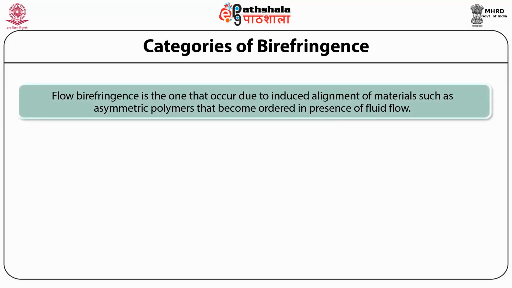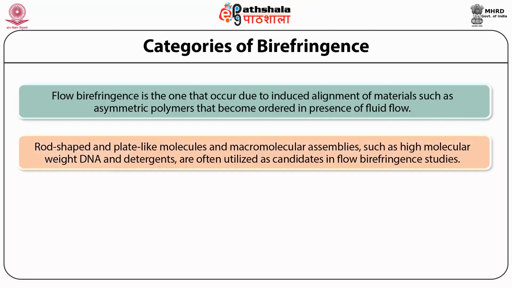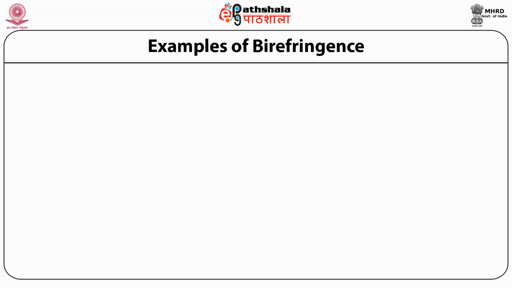Flow birefringence is the one that occurs due to induced alignment of materials such as asymmetric polymers that become ordered in the presence of fluid flow. Rod-shaped and plate-like molecules and macromolecular assemblies such as high molecular weight DNA and detergents are often utilized as candidates in flow birefringence studies.